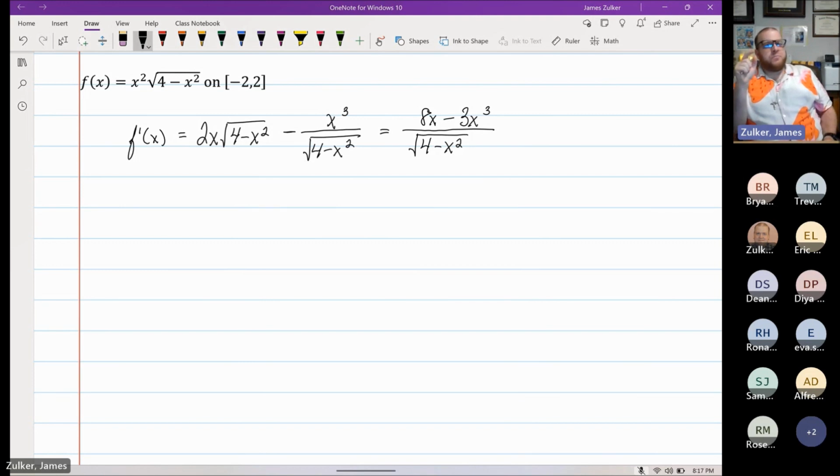All right, so we look and we go, this is undefined at plus minus 2. But those are already the endpoints. So that doesn't give us any kind of new information. So now just set it equal to 0 and solve.